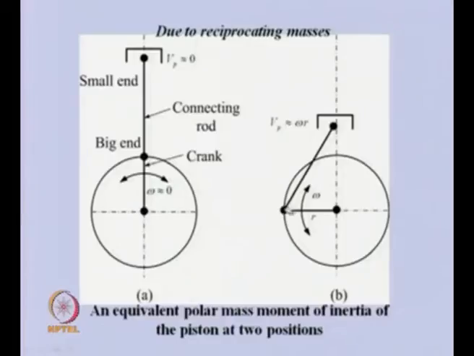Whatever the motion of the crank, the piston will have the same amount of velocity. So, it is as if this piston mass is attached to the crank pin itself.